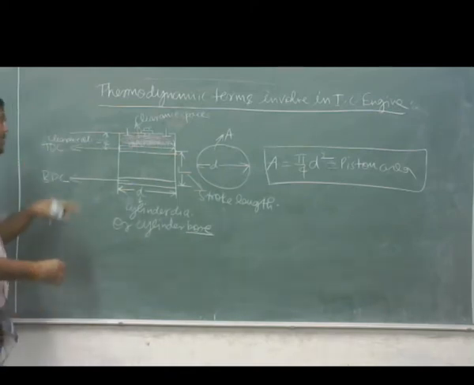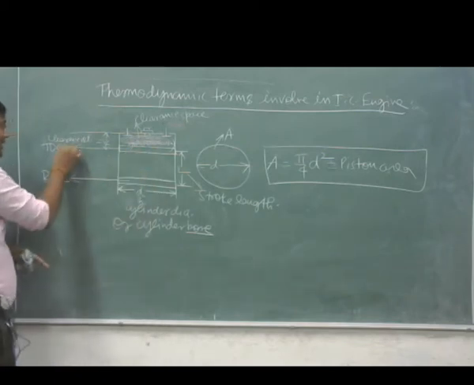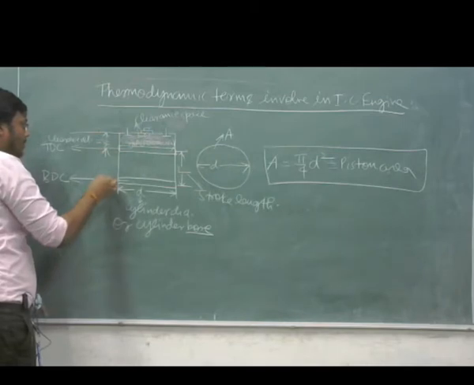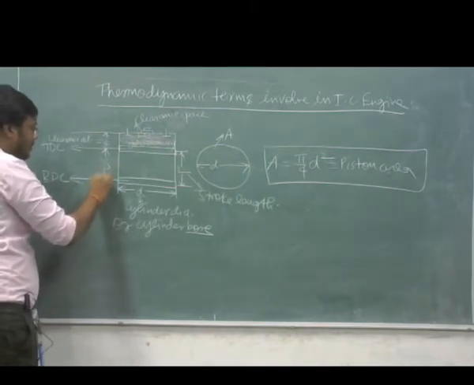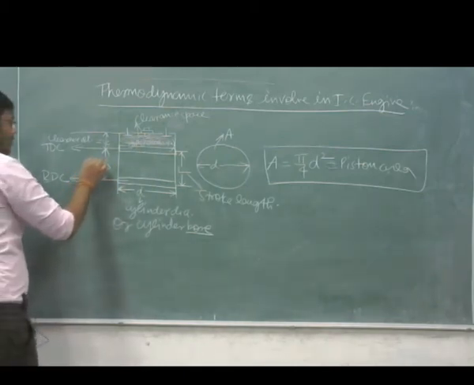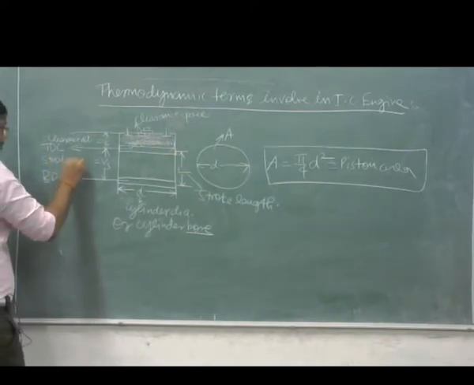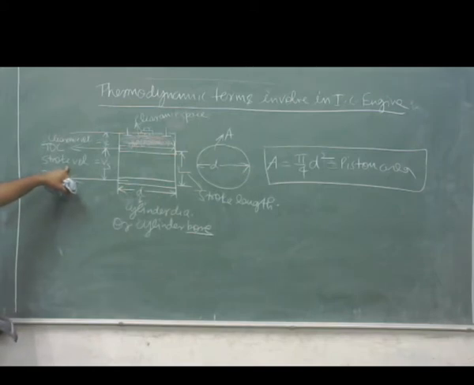So the volume between these two positions, TDC and BDC, is known as stroke volume, which is represented by Vs. It is also known as suction volume, or swept volume.